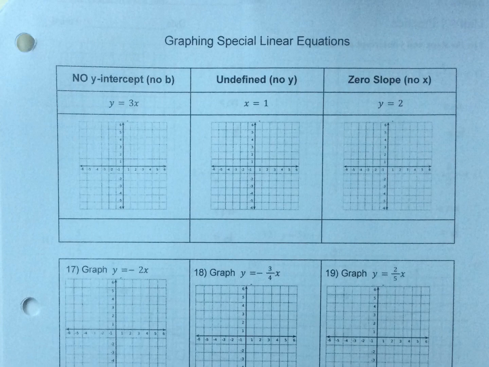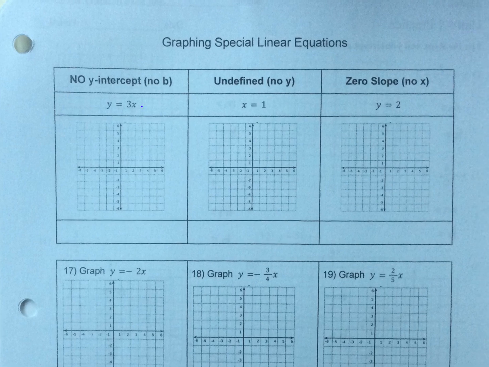All right, these are our special equations that don't appear to follow the rules or don't look right. Something is wrong with them. So in this first one, I don't have a B. There is nothing right here at the end to tell me what my B is. Well, if I got a whole lot of nothing or zilch or 0, oh, so really we know it's plus 0.